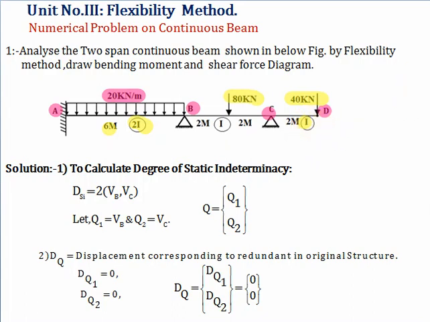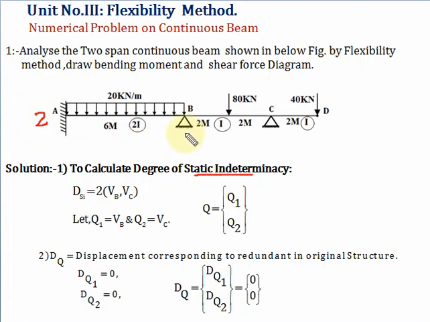Now here as usual our first step is to find out the degree of static indeterminacy. As we know, we are neglecting the displacement in x direction, that is summation of Fx we are not considering. So for the fixed support there will be 2 reactions.